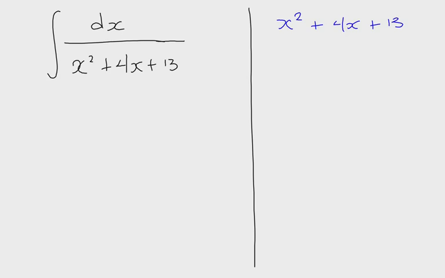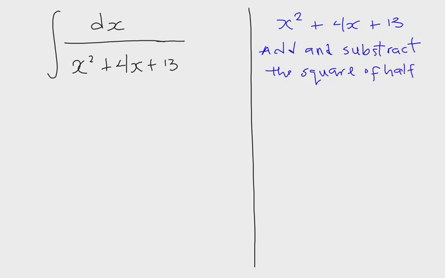Then the step now is to add and subtract the square of half the coefficient of x.